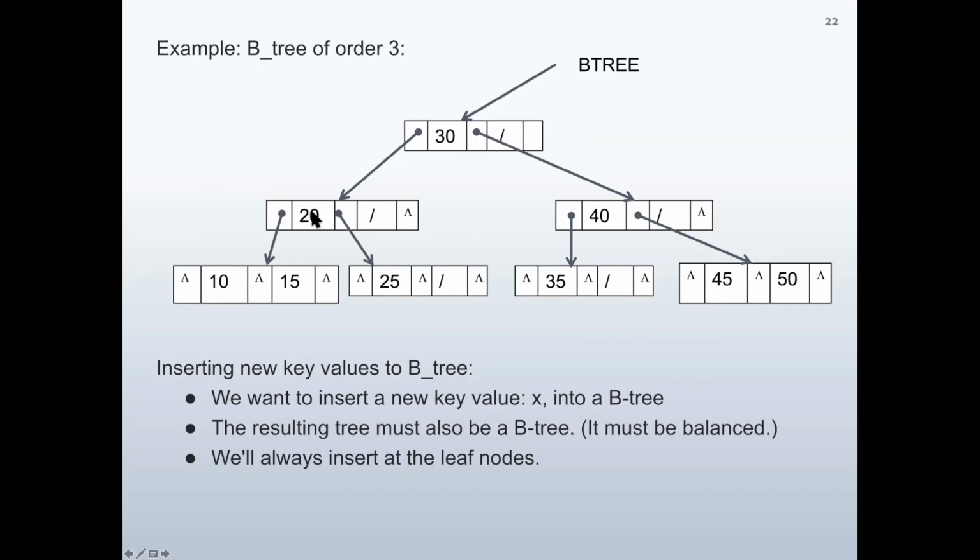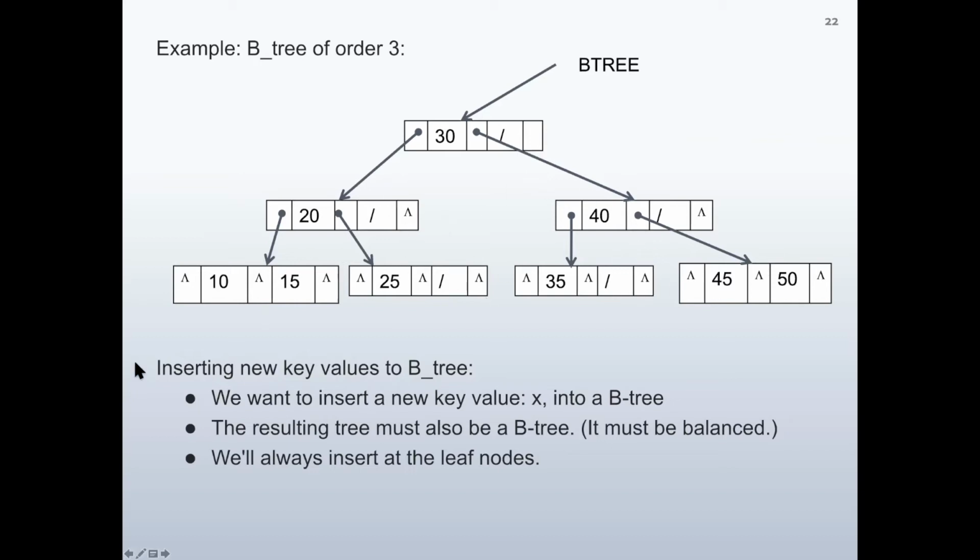And also notice that if there is a key value, then the links just before and after that key value are not null. If we check the key values, we see that this is an n-way search tree. And furthermore, notice that all the leaf nodes are at the same level, so this B-tree is balanced.